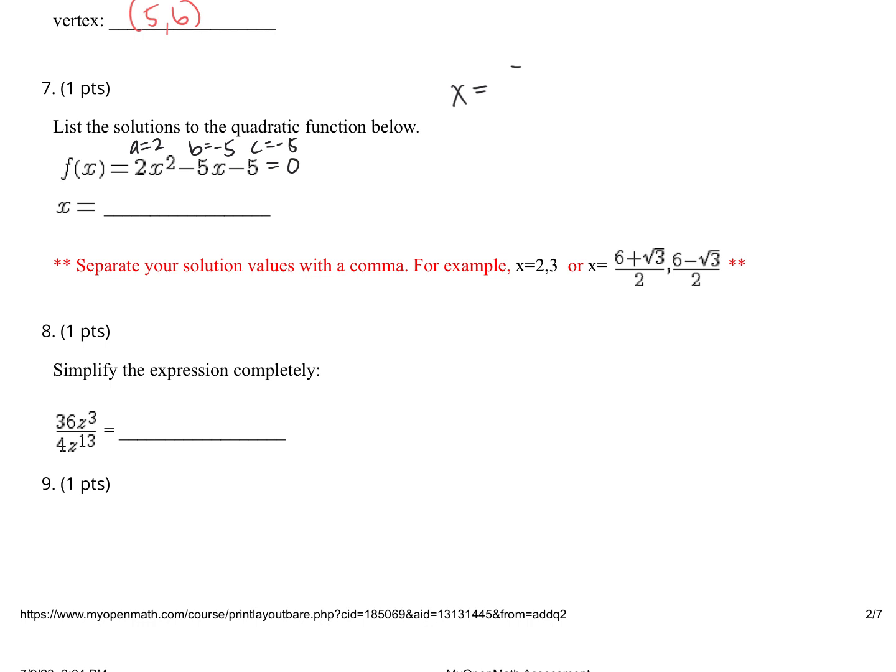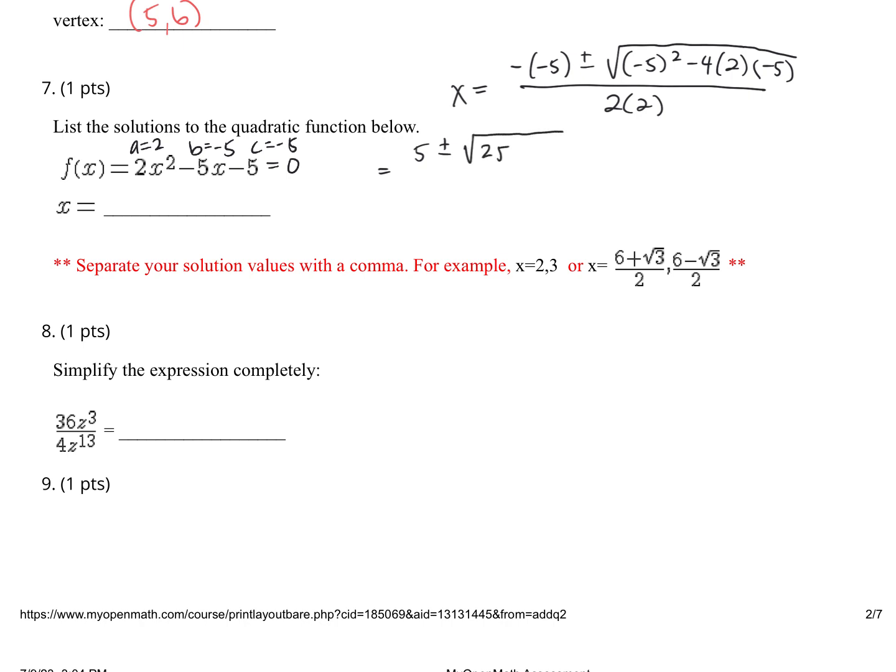So the opposite of B plus or minus the square root of B squared minus 4AC all over 2 times A. So we have 5, the two negatives make a positive, square root 25 plus, that'll be 40 all over 4.